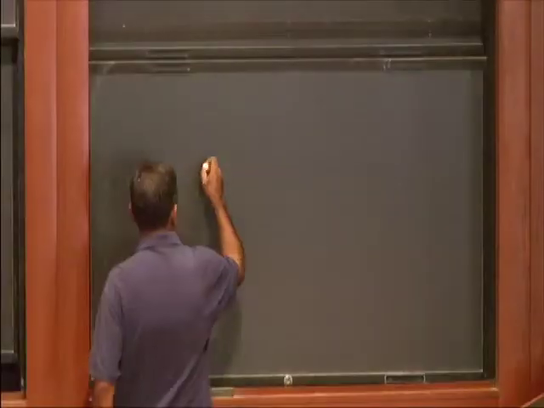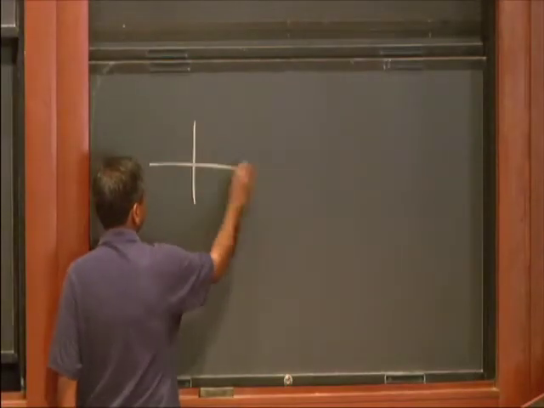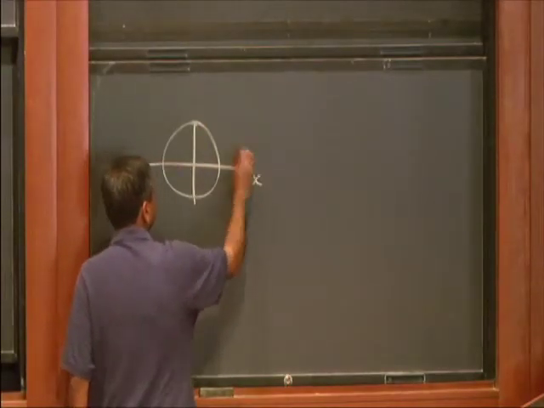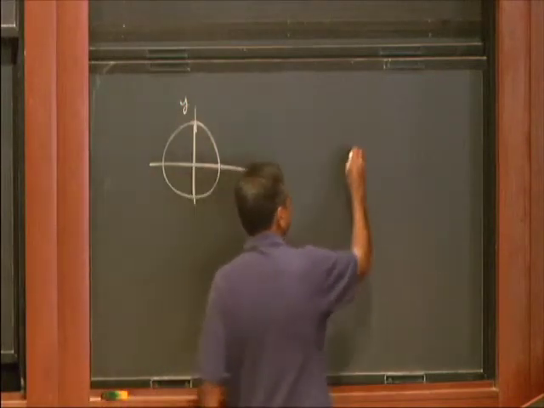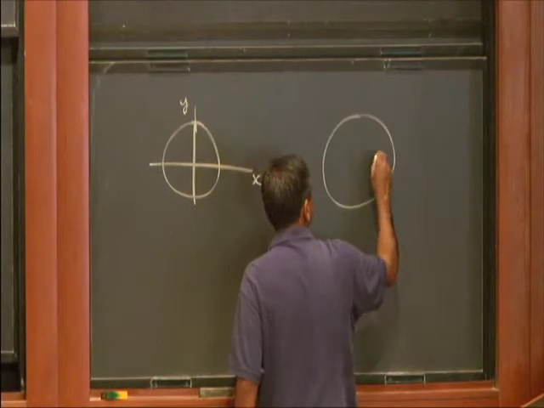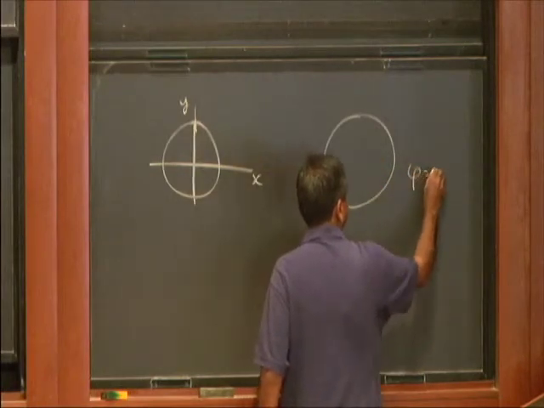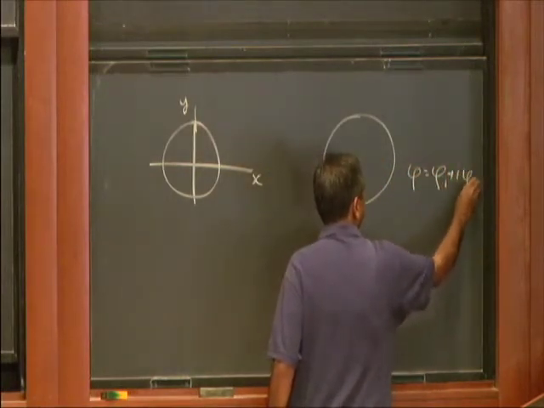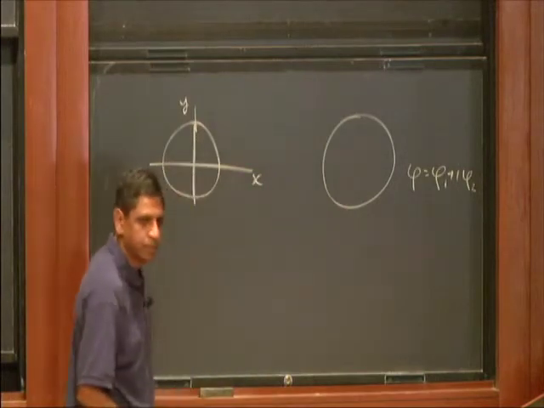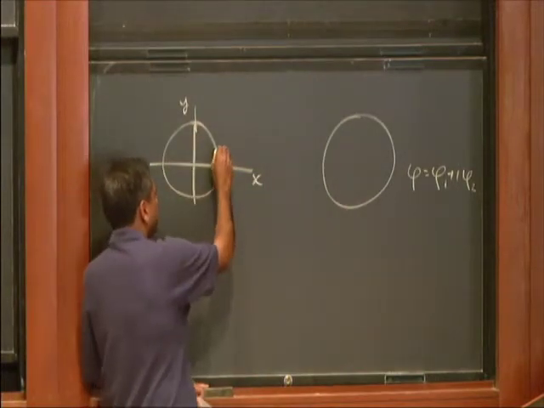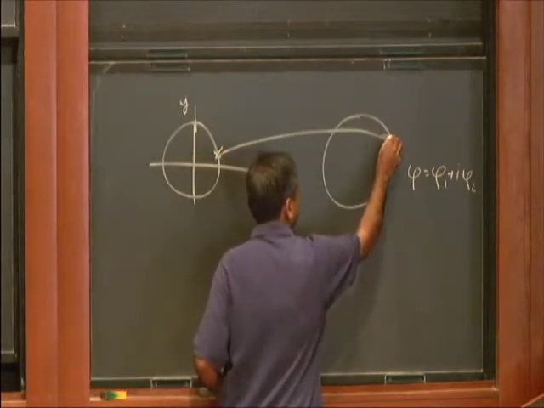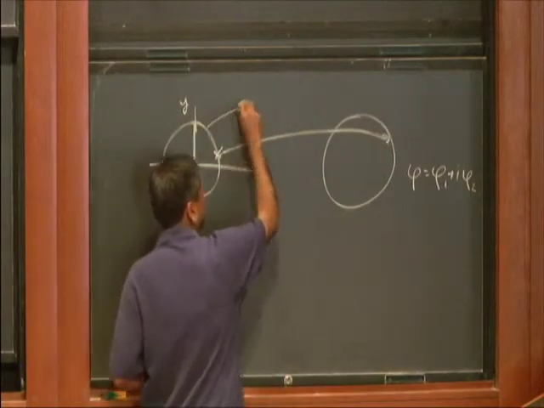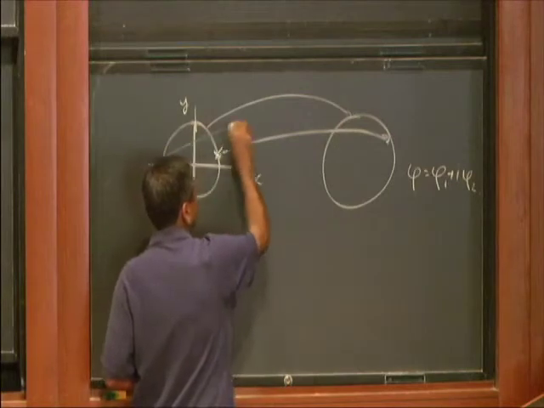It's because if you imagine the xy plane, you take a circle, and let's say this is a circle which is phi 1 plus i phi 2. Then a point on this circle I can map to some point here, this point I can map here, and so on.